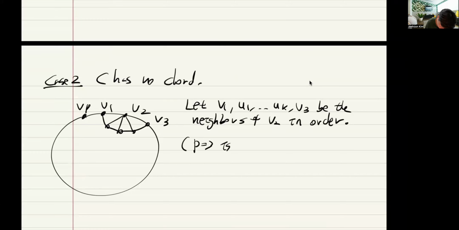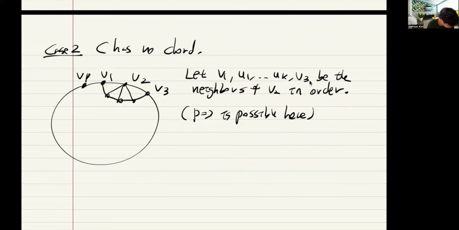P being 3 is possible here. So V3 could be Vp, but it's okay. And this K could be 0, although in that case you have this chord, but we assume that this is not a chord. So there is at least one Ui. So you have this.